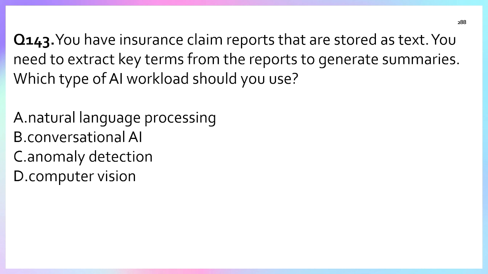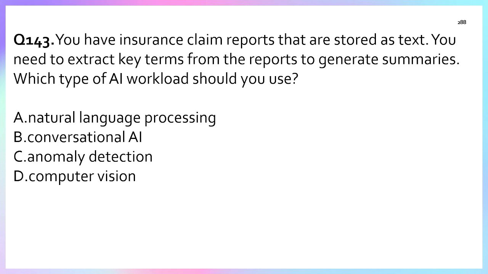Let's talk about the rest of the options. Option B, conversational AI. No, conversational AI is for conversations in which a user gives some input and, on the basis of that, the AI responds. So this will not work. Option C, anomaly detection. Anomaly detection is mainly used for fraud detection, for anything unusual or different that is going on.